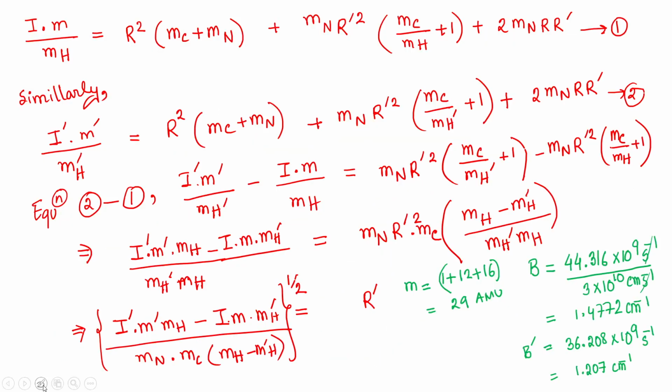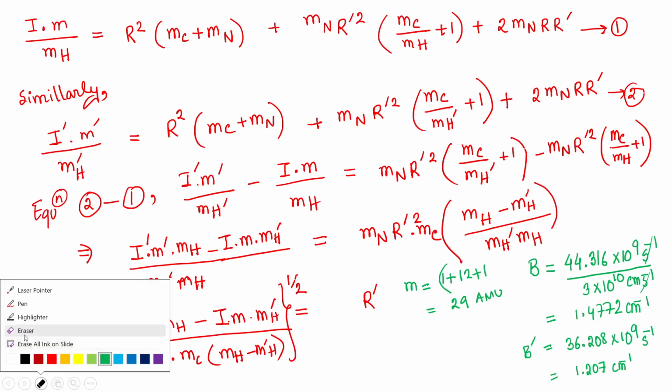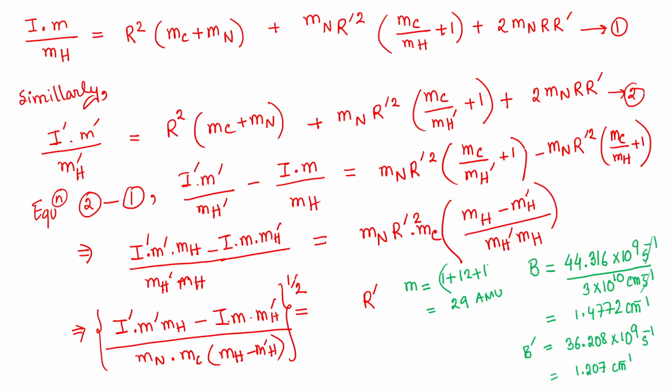What am I writing? Sorry, nitrogen. So it would be 27. And M dash would be 28, right? Because it will become deuterium. So you have B, B dash, but here we are discussing the I dash.